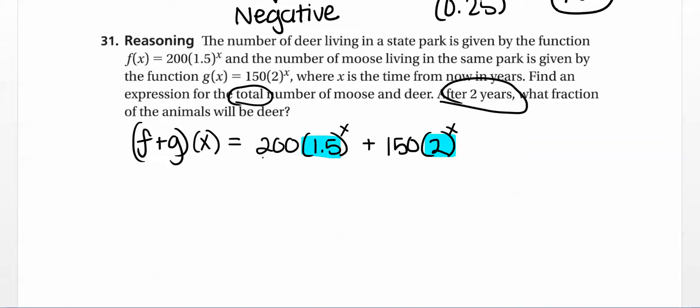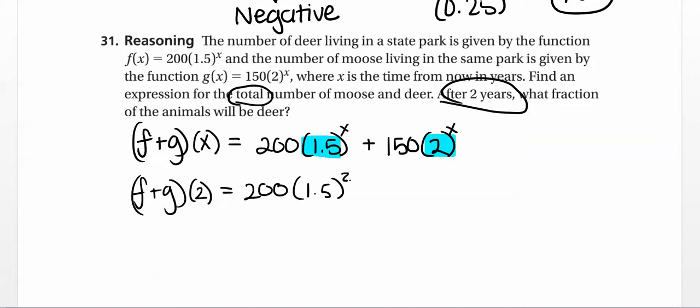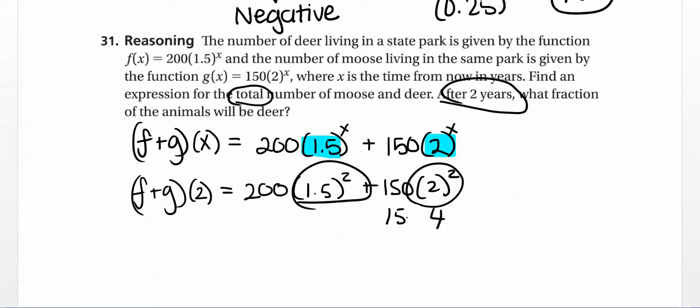Okay, well, let's find out how many animals in total there will be. So f plus g of 2. So I'm going to plug in 2. Exponents first. That one's 4 times 150. Now 1.5 squared, I'm going to have to use a calculator.